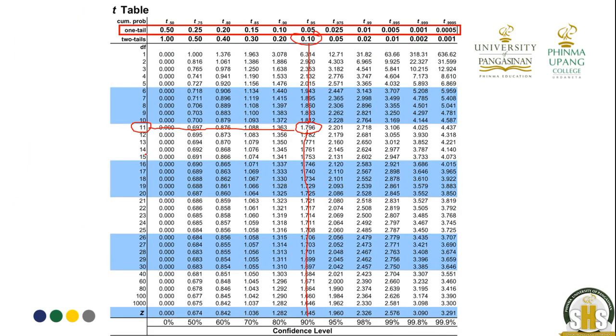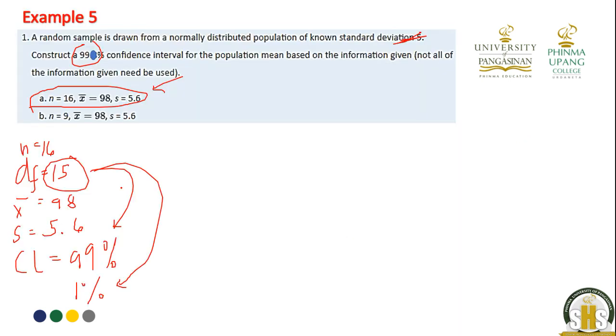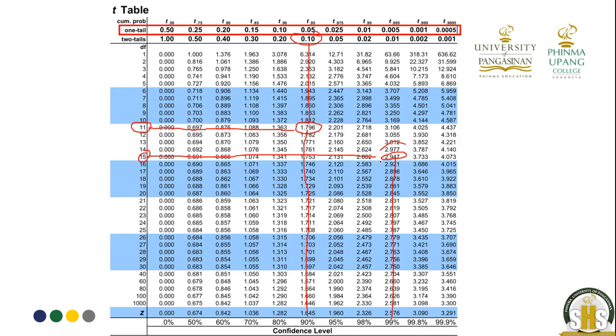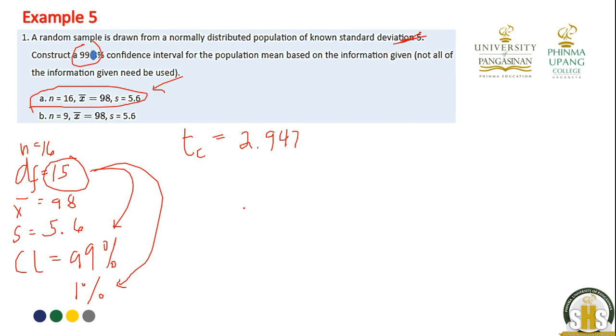So this is 15 to 99%. 2.947. So our critical value is 2.947. Nakuha ko yan sa table ha. Solve na natin yung LL.